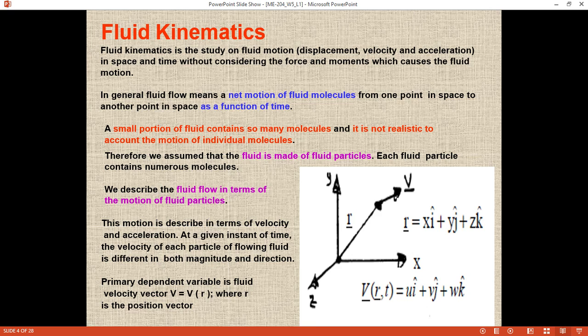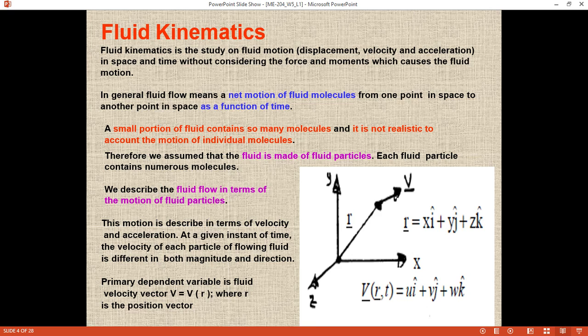In fluid kinematics, we describe the motion by displacement, velocity and acceleration. So in kinematics we will discuss only displacement, velocity and acceleration, and we do not discuss the cause of displacement, velocity and acceleration.